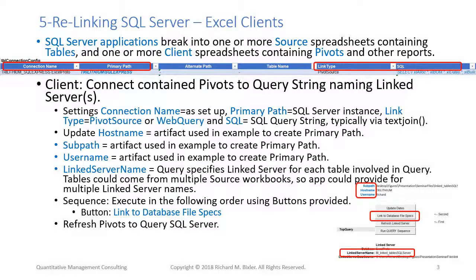After reconfiguring the connection, the command then executes a refresh all operation, updating all connections with refresh all equals true, which includes link type equals pivot source and web query, but not MPP import, MPP query, or linked server, which are invoked by buttons refresh dates or refresh linked server.